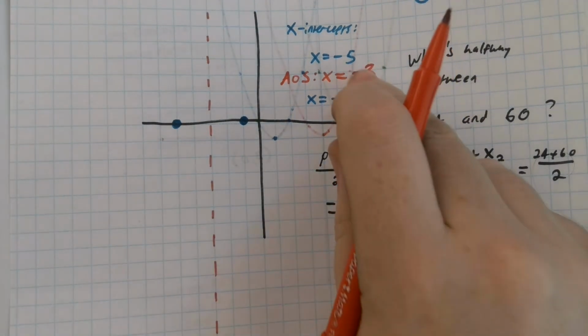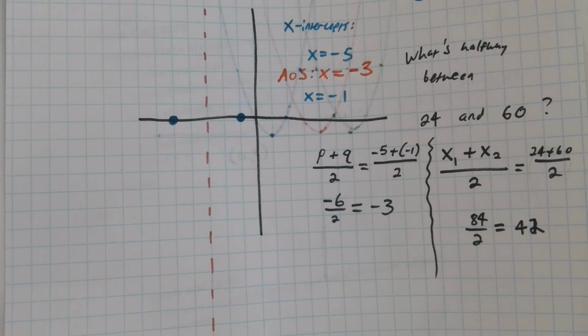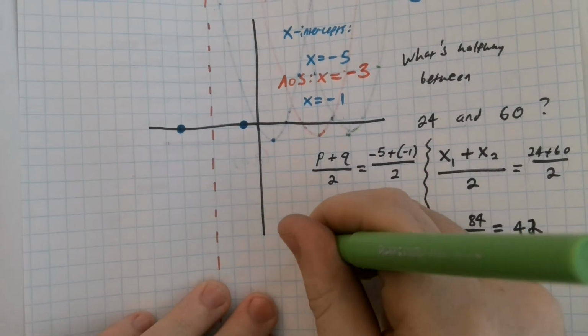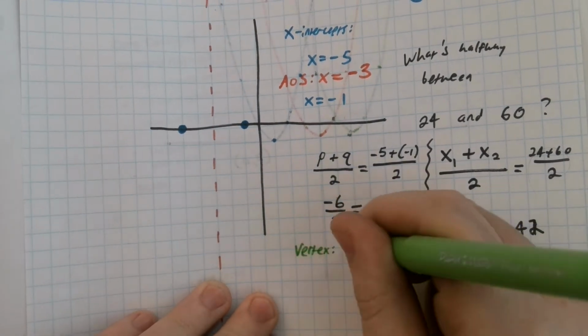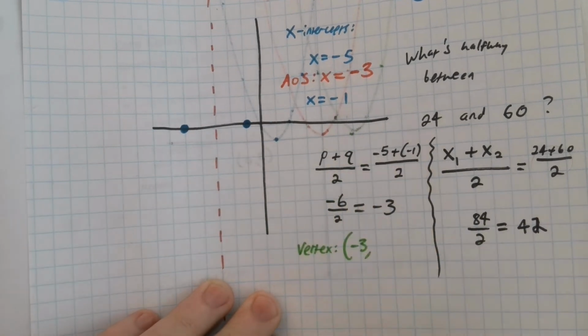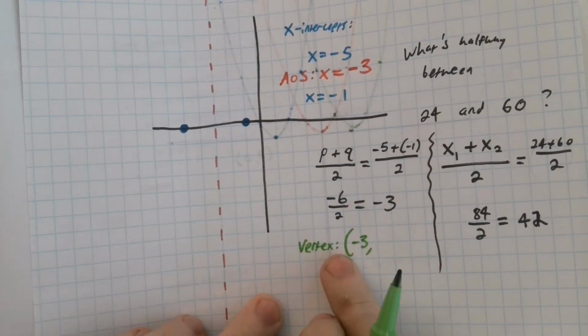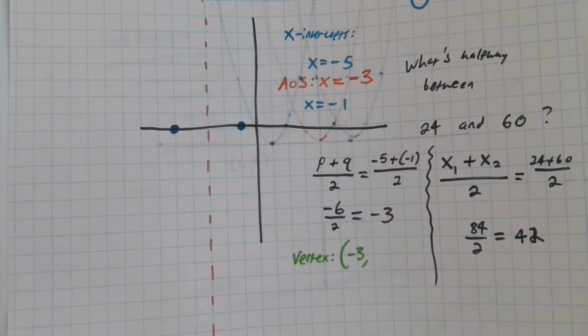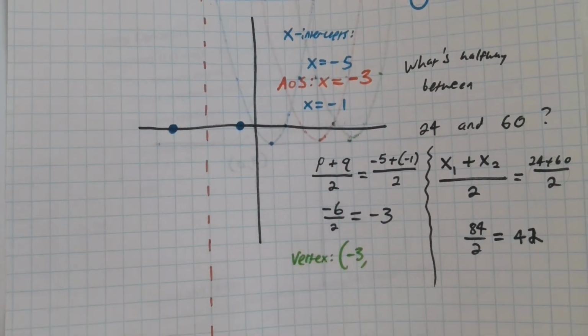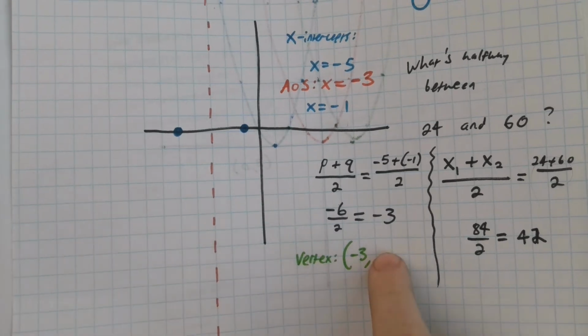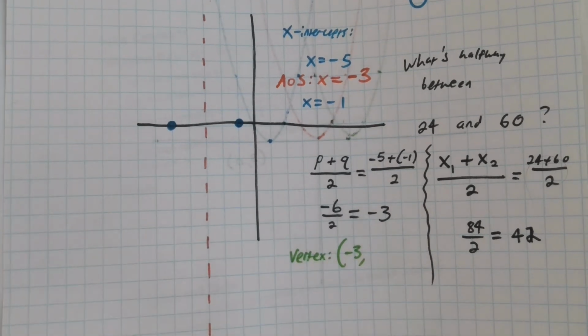What do we also know is at -3 then? We know the x value of our vertex will be -3, since the x value of your vertex is at your axis of symmetry. Okay, can we use this -3 somehow to find the y value of our vertex?